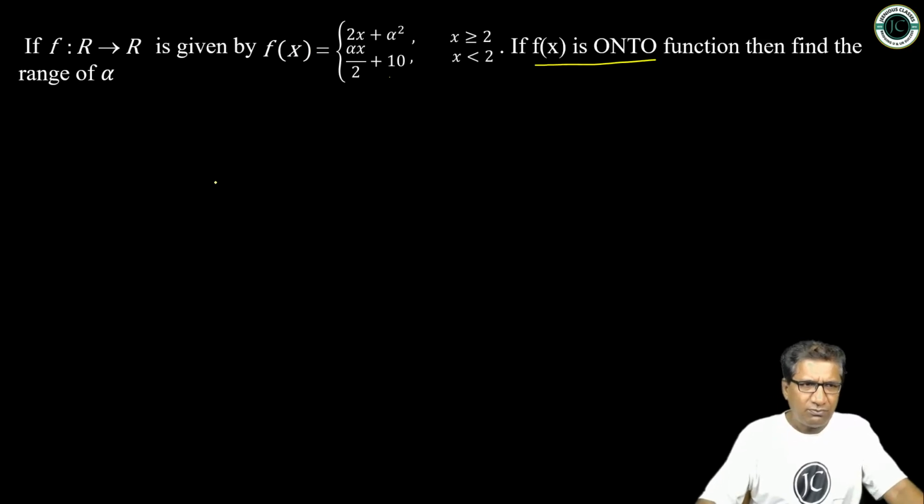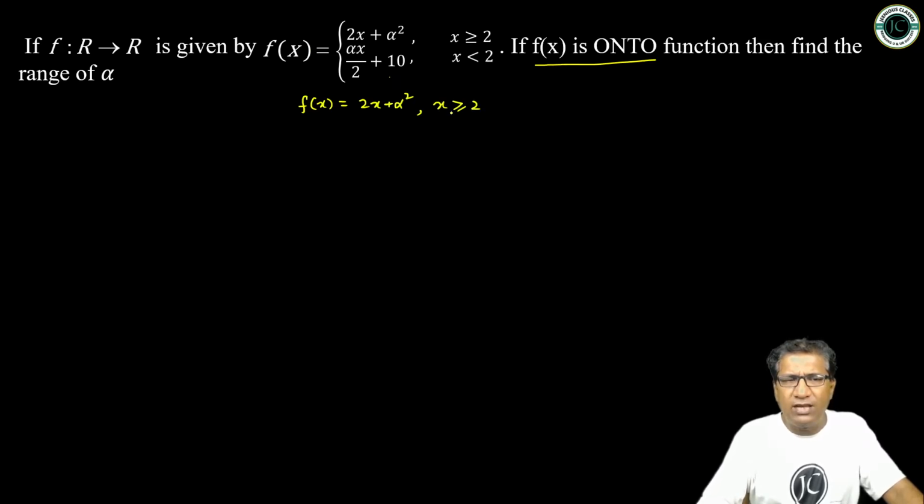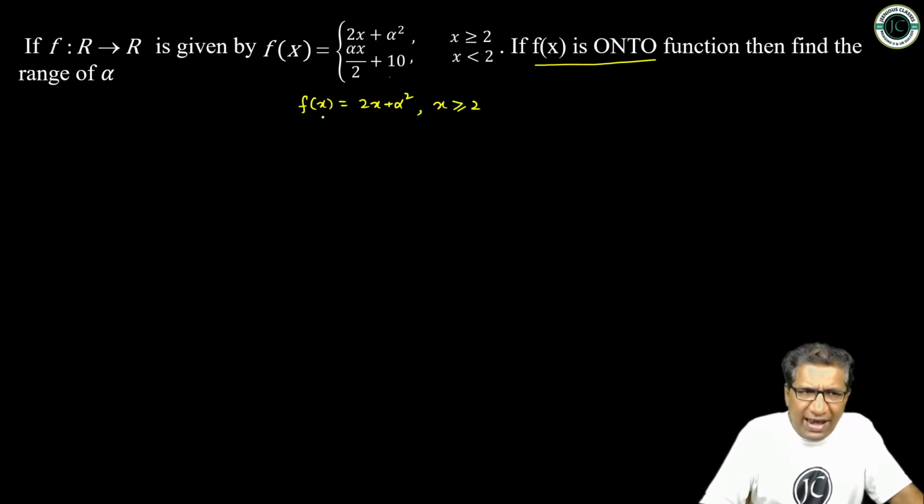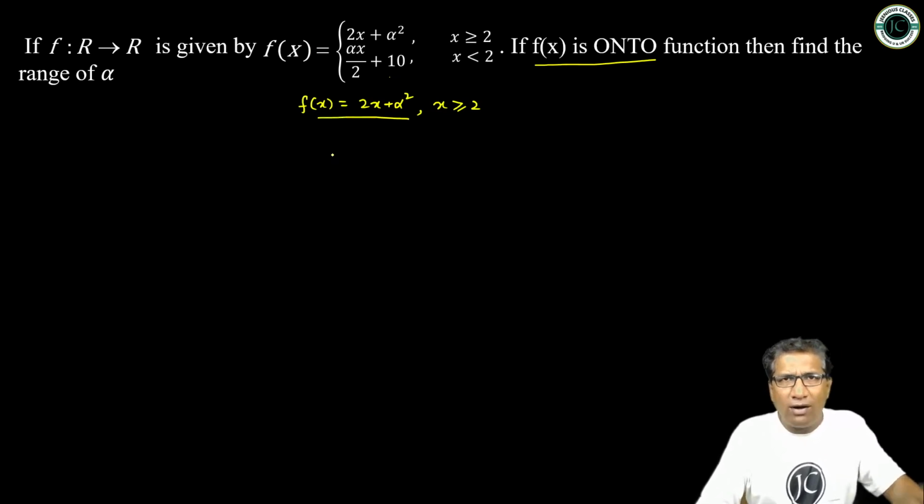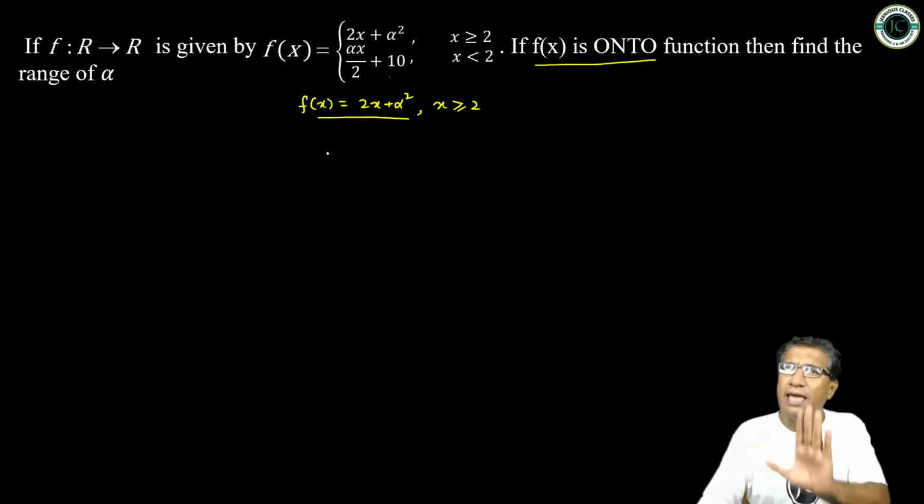Correct? Now look, f(x) equals 2x plus alpha square when x is greater than or equal to 2. It is very clear that this is a linear function, and the graph of a linear function is always a straight line, and we don't know anything about alpha.